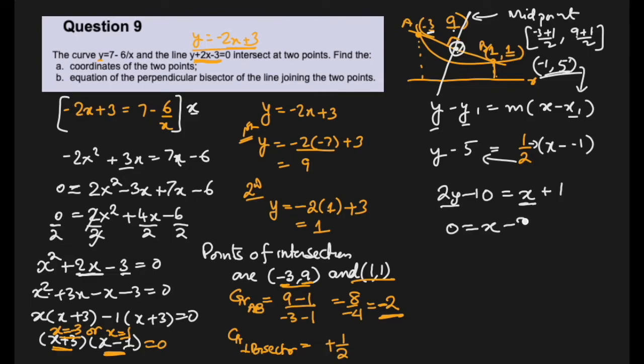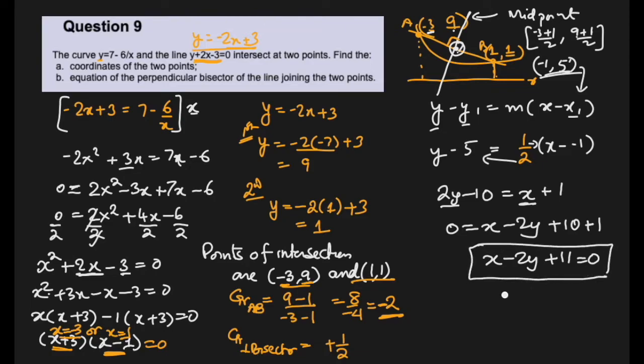This 2y will be minus 2y. This minus 10 will be plus 10 and plus 1. So 0 equal to x minus 2y plus 11. If you want to write this 0 on the right side now, you can do that. This is the equation of the perpendicular bisector.